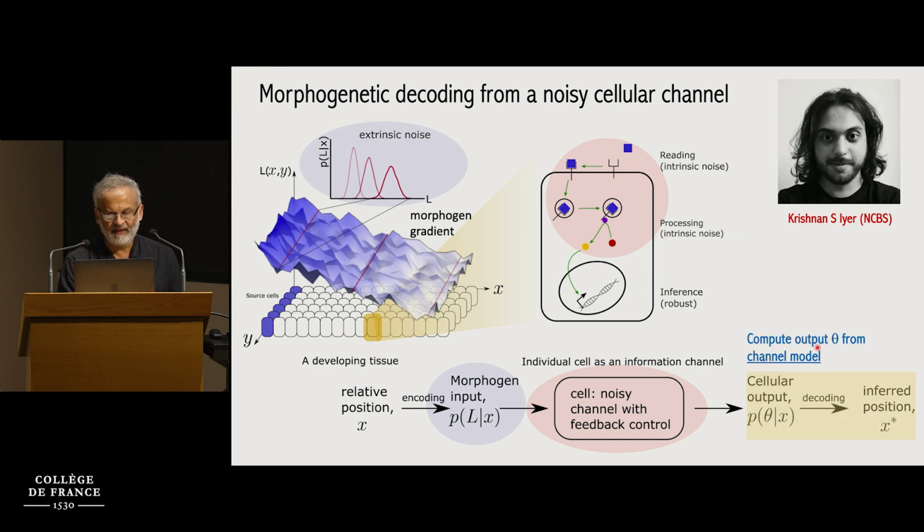Following the computation of the output theta, the inference of the cellular position is obtained by just the application of Bayes' theorem. Therefore, it will give you P of X star given theta, and a maximum a priori estimate to give you the inferred position X star.